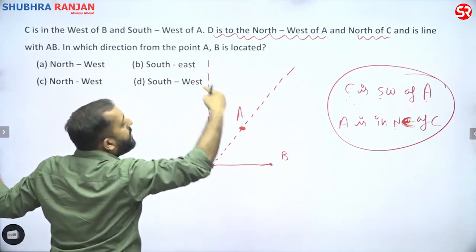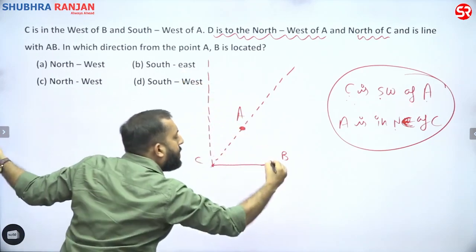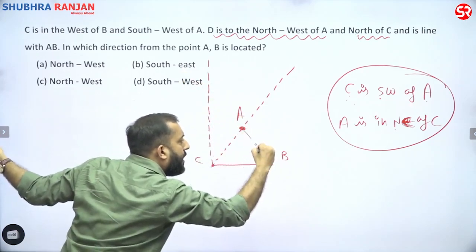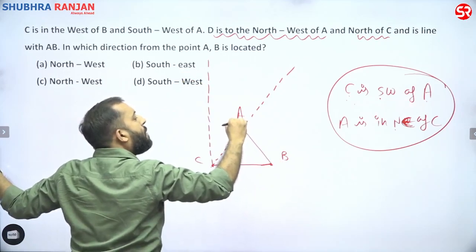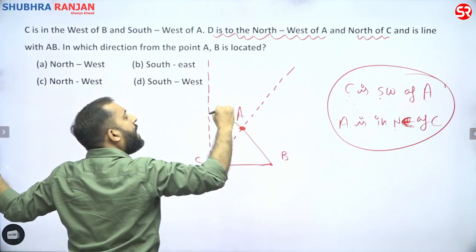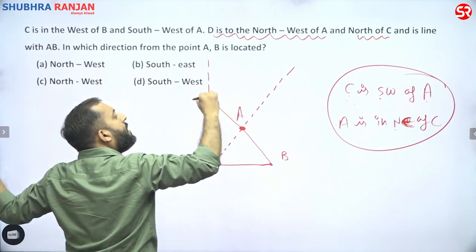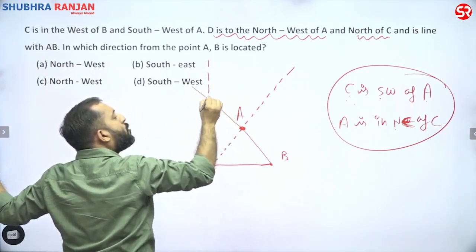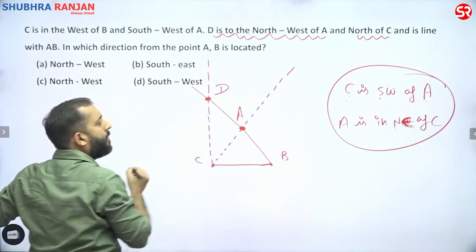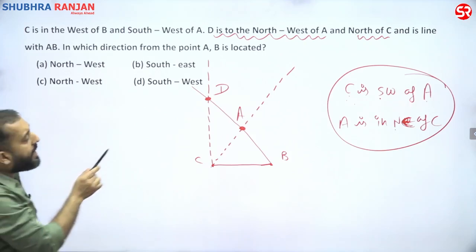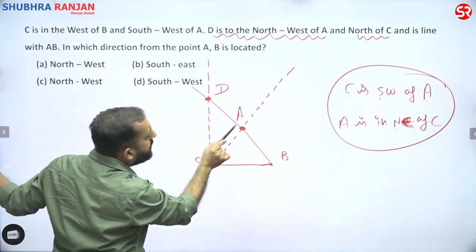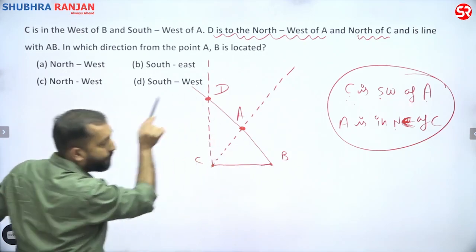Then point D is in the line of B. It means if you join A and B, and extend AB in such a way that it intersects the north of C, this point is going to be point D. Am I clear? Now I can say this point D is in line with AB.